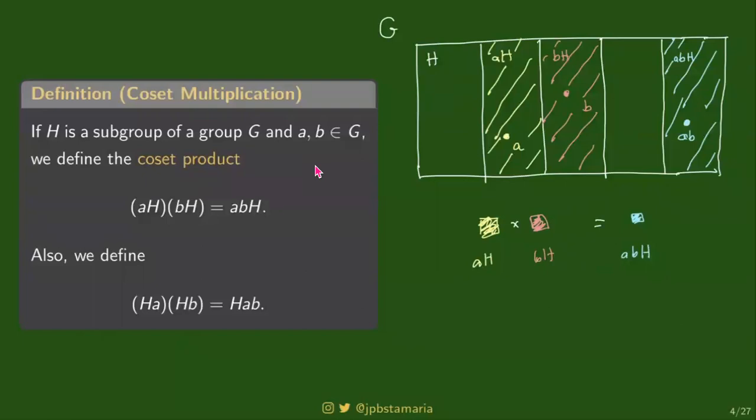Parang ang elements natin, yung group mo, ginugupit-gupit mo into pieces. Parang gawa sa papel yung group mo. Pupunit-punitin mo siya into pieces where each piece is a coset. Ang element ngayon ng group na binubuo natin, yung mga cosets mismo, parang yung elements mo are actually sets. Gulo, no?